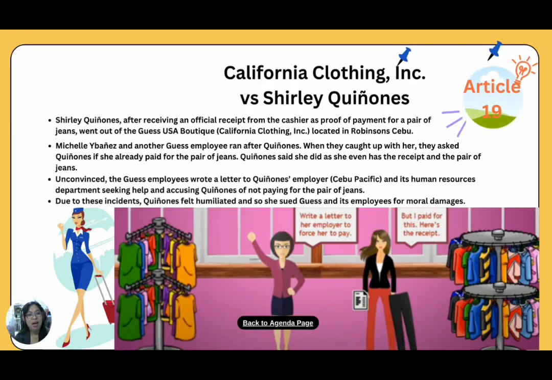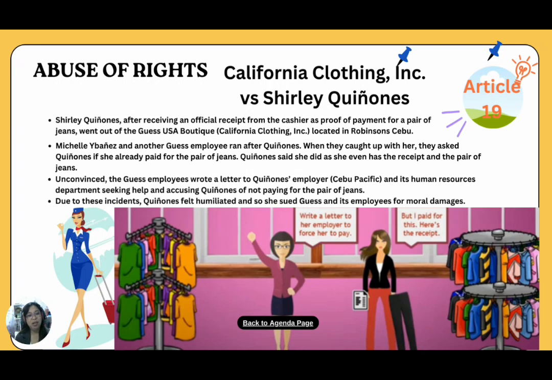Yung California Clothing Industries Incorporated versus Shirley Quiñones. Si Shirley Quiñones dito ay isang stewardess ng isang airline company, Cebu Pacific. She's a stewardess of Cebu Pacific.